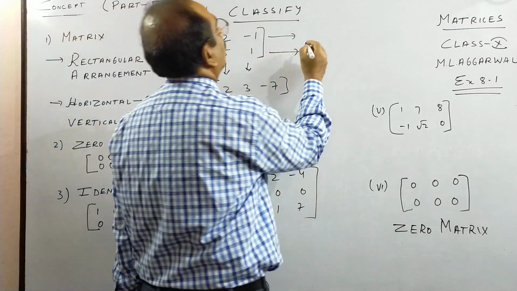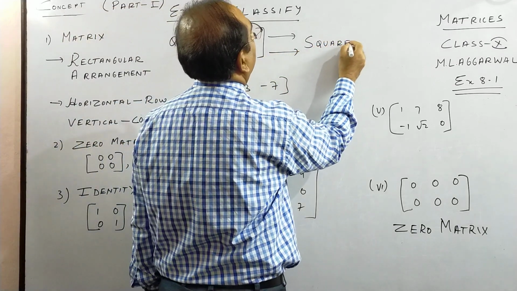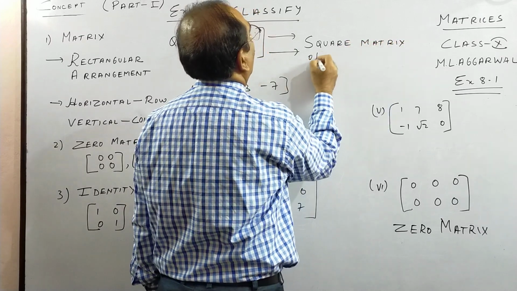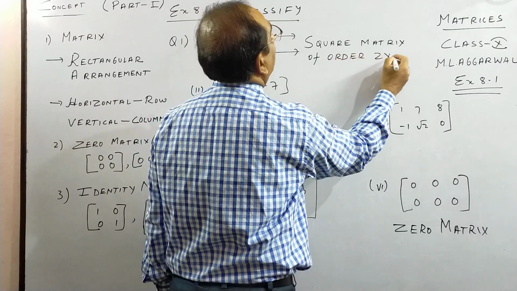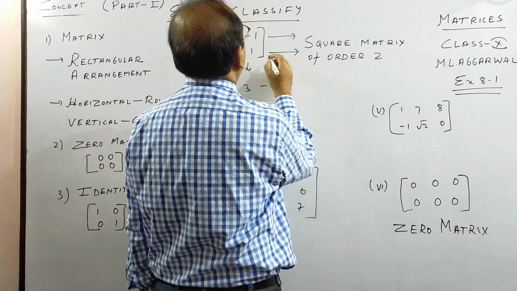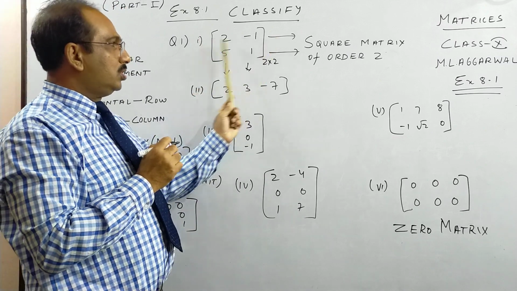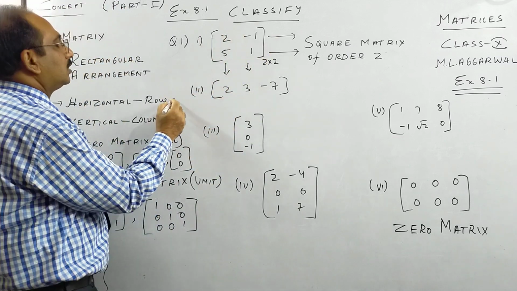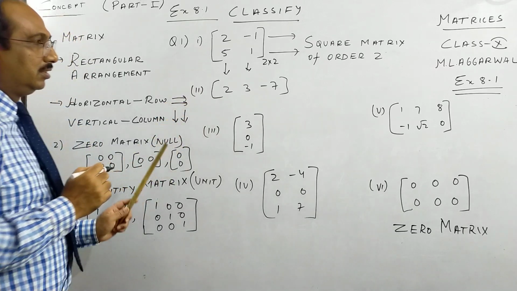So this is what we call a square matrix. Here I am teaching you a square matrix of order 2, or you can say this is a matrix 2 by 2: 2 rows and 2 columns. Rows are like this and columns are like this.